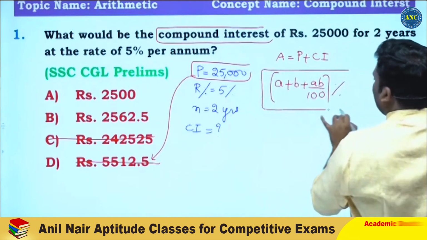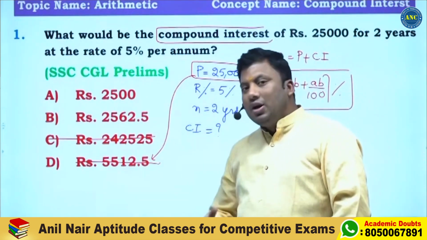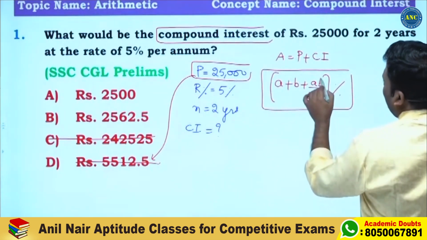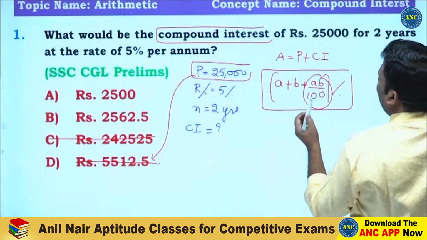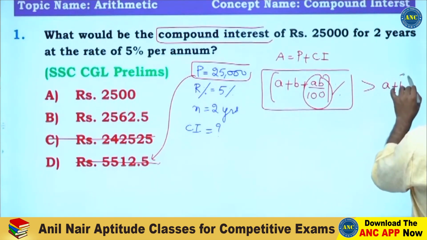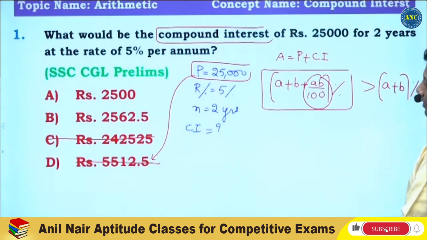If the first year rate of interest is A%, second year it is B%, overall percentage is A plus B plus AB by 100. AB by 100 is a very small value compared to A plus B. So A plus B plus AB by 100 percent is always greater than A plus B percentage.